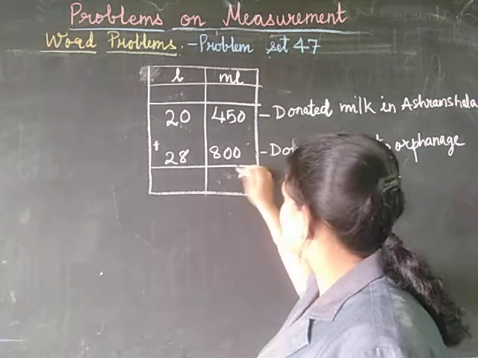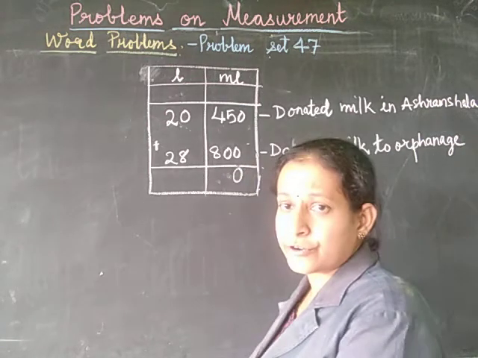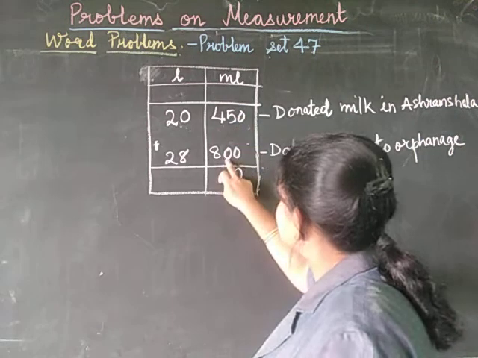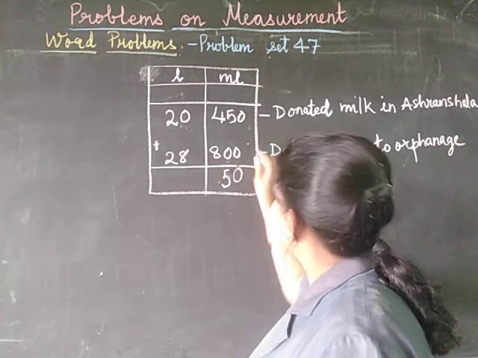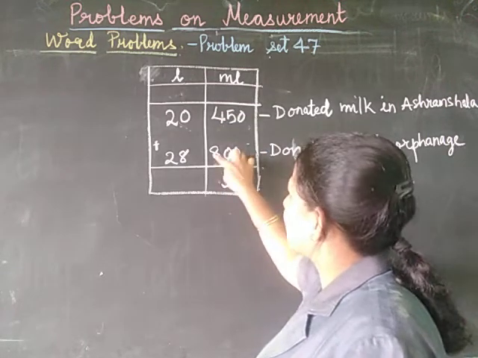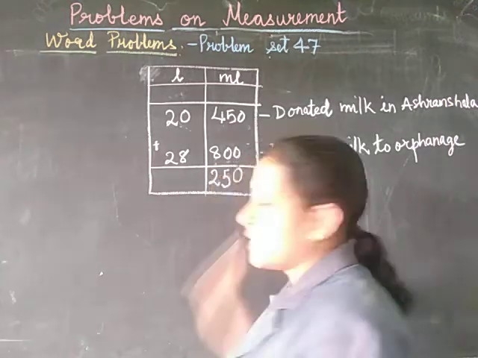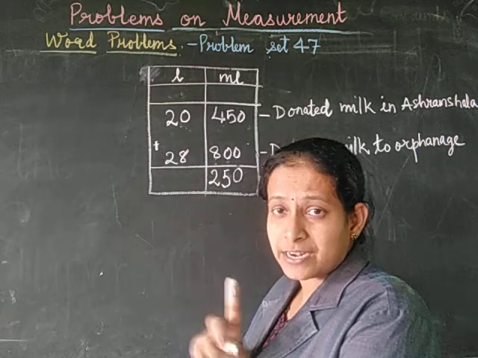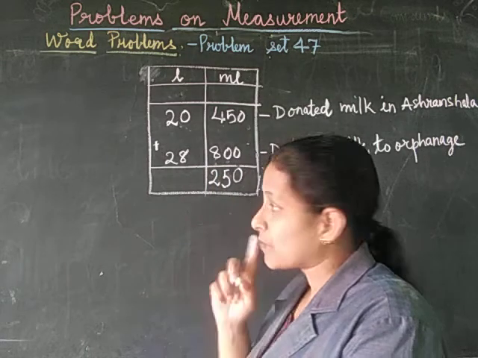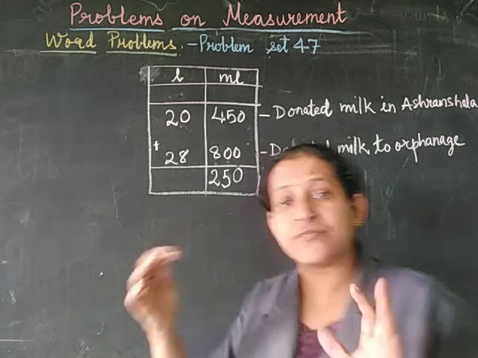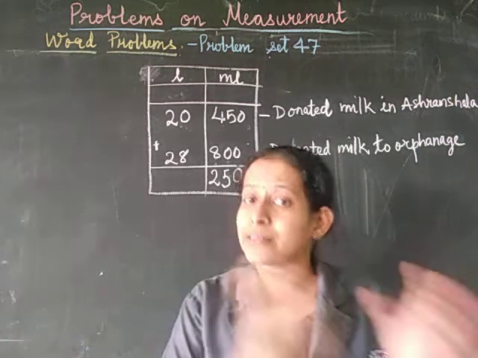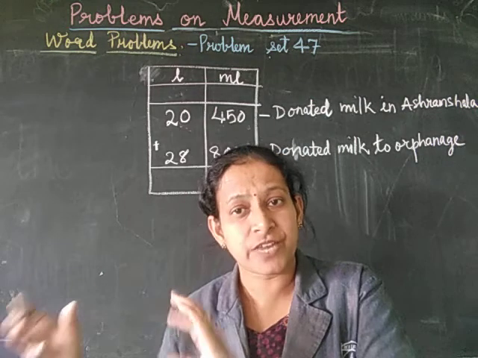So 0 plus 0 is 0. 5 plus 0 is 5. And 4 plus 8 or 8 plus 4 is 12. So it becomes 1250 milliliters.